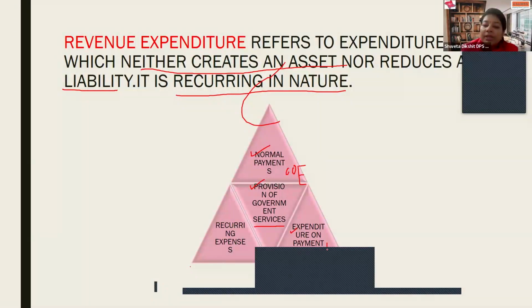Other than that, the government also has some other recurring expenses like payment of the interest, as I have already mentioned. The government long back took a lot of loans from international sources or sometimes domestic sources. The government has to pay the interest on it, which is recurring in nature. The government also has recurring expenses like payment of electricity bills, arranging fuel, stationery, and food for the various departments like the parliamentary house.